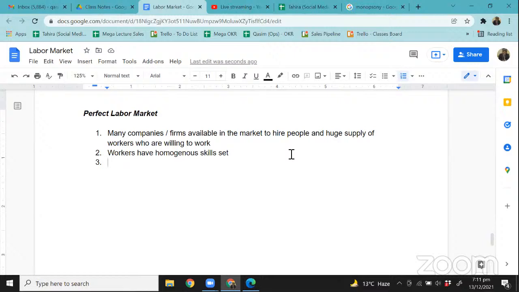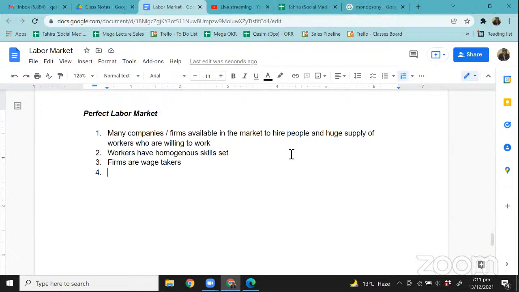Then another thing that we studied in perfect competition, and that is also applicable in this case: firms are wage takers. Does that ring any bell? Firms are wage takers. So whatever wage is prevailing in the market, workers will sell at that wage, and firms will hire workers at that wage rate.